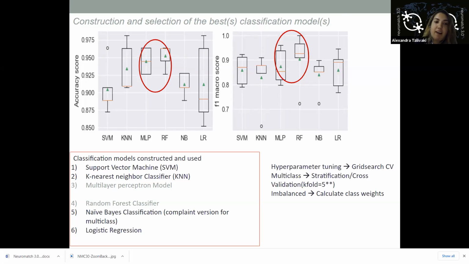Very briefly, the classification models that we constructed and used were the Support Vector Classifier, the K-nearest neighbors classifier, a Multilayer Perceptron model, which is a typical artificial neural network, the Random Forest Classifier, a typical multi-class version named Complement Naive Bayes, and the Logistic Regression.